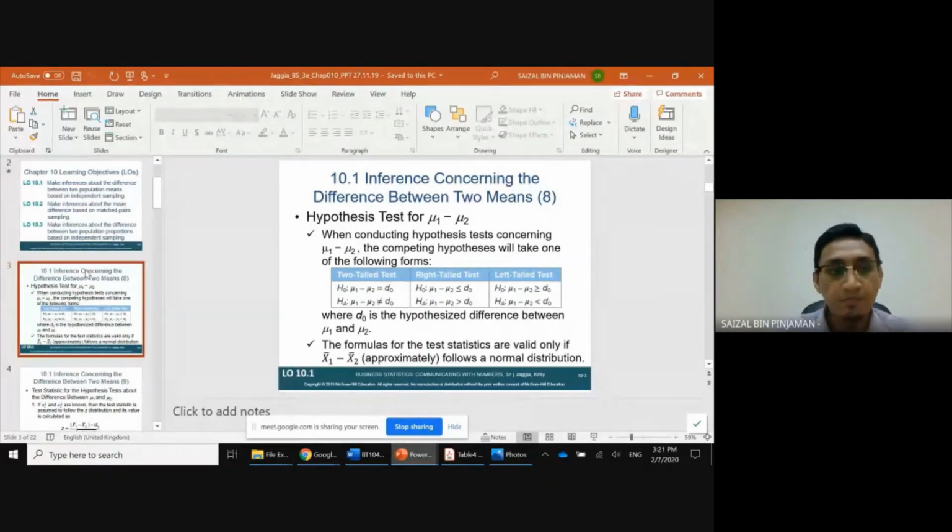Remember that in hypothesis testing we have two contradicting hypotheses: hypothesis null and hypothesis alternative. Hypothesis null states the status quo, while the hypothesis alternative goes against the status quo.